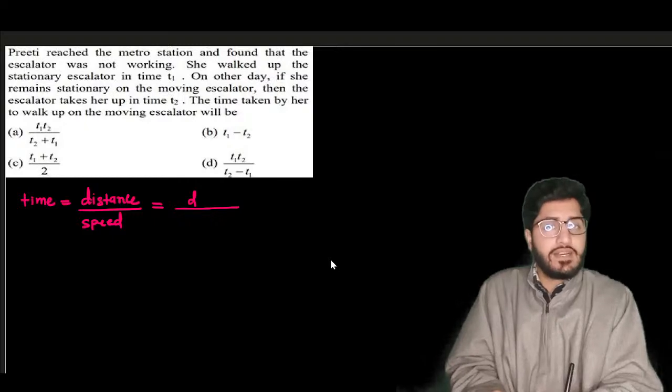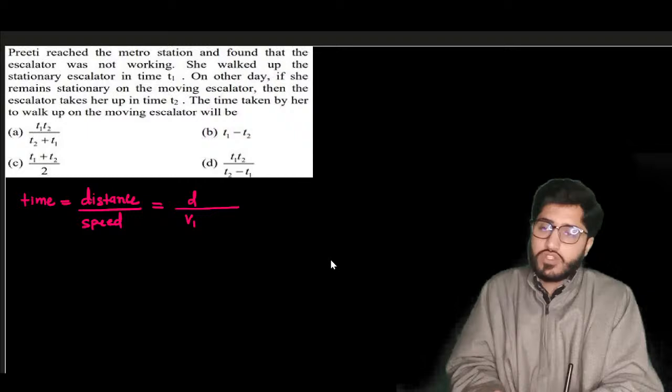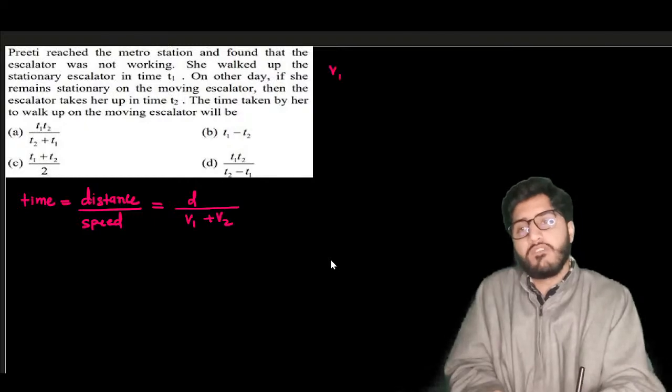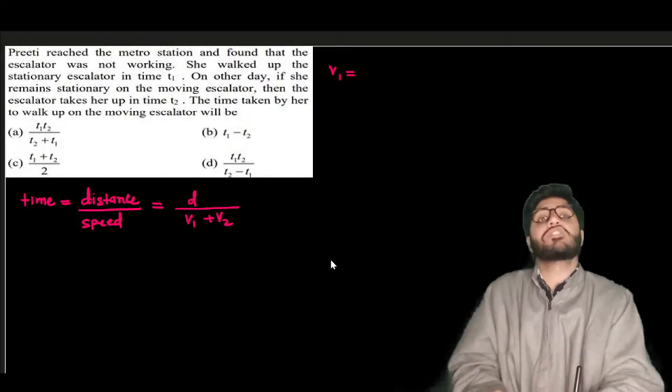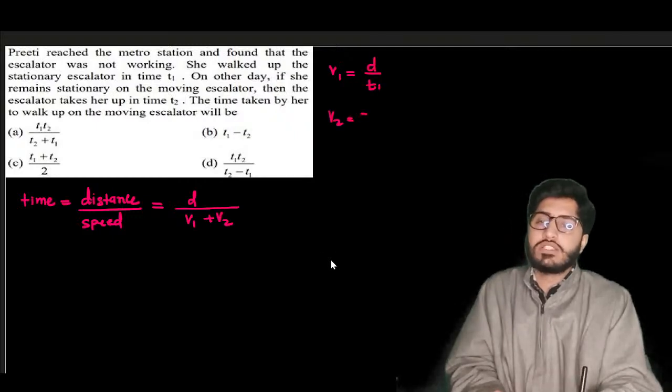What is the speed? In this particular case, both are moving: Preeti with V1 and the escalator with V2. V1 is the speed of Preeti in the first case, so it is d by t1. V2 is d by t2.